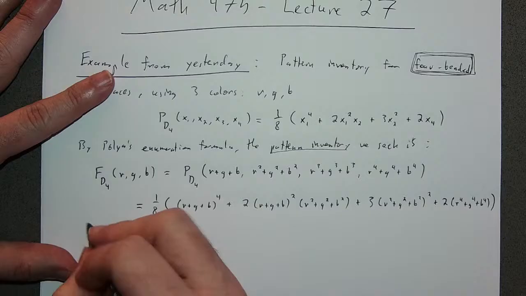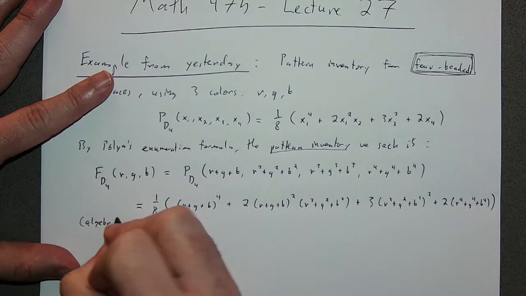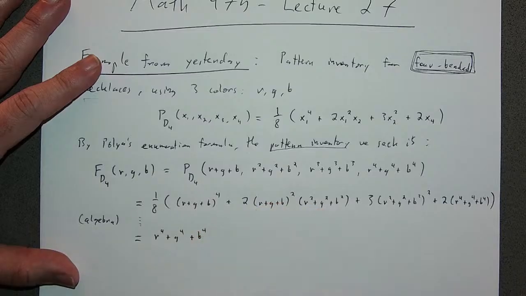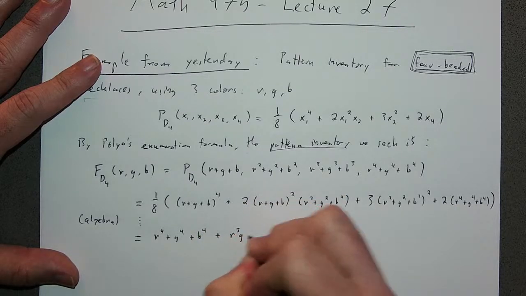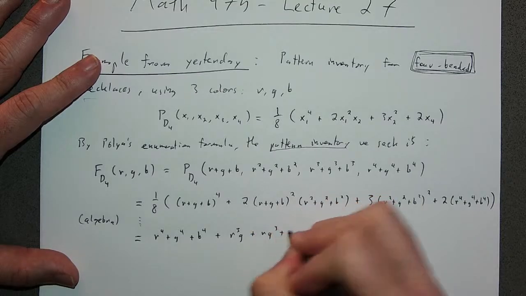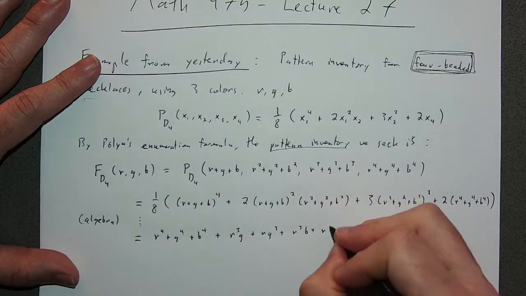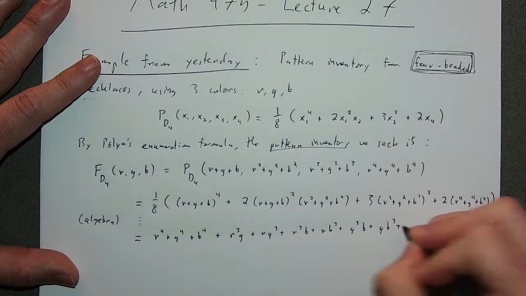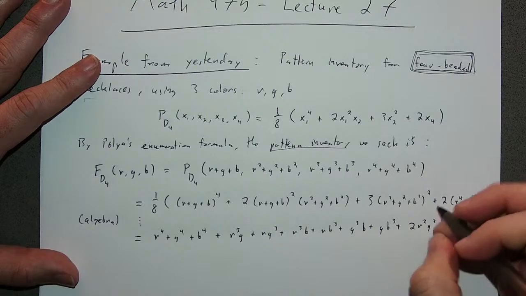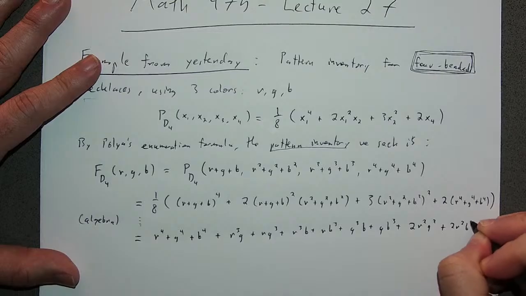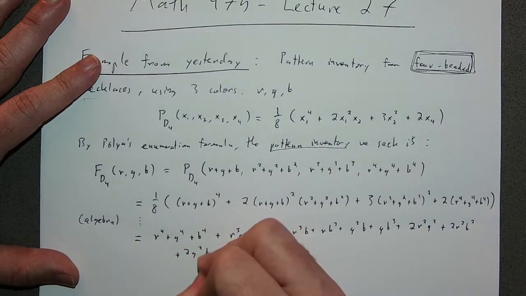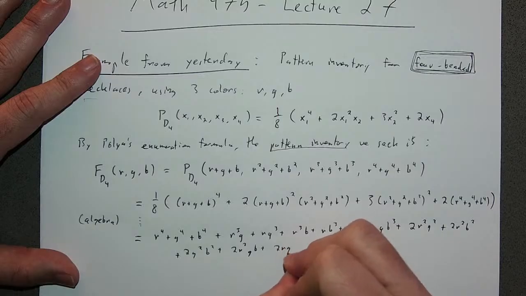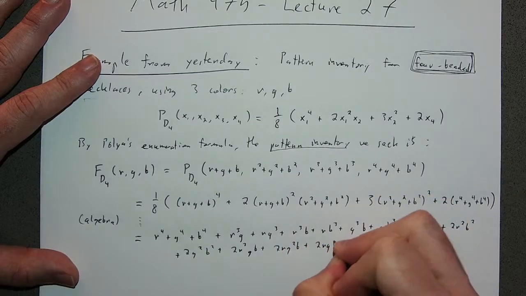So after doing some algebra, what I get is r to the 4th plus g to the 4th plus b to the 4th plus r cubed g plus r g cubed plus r cubed b plus r b cubed plus g cubed b plus g b cubed plus 2 r squared g squared plus 2 r squared b squared plus 2 g squared b squared plus 2 r squared g b plus 2 r g squared b plus 2 r g b squared.